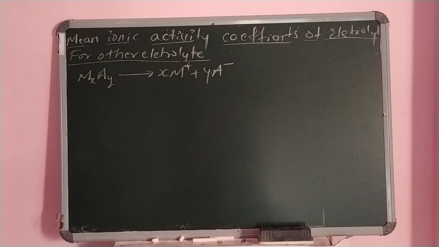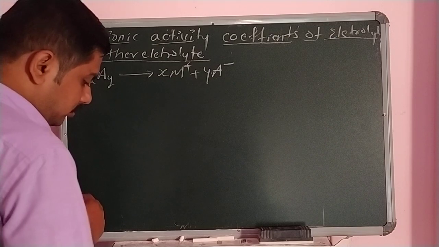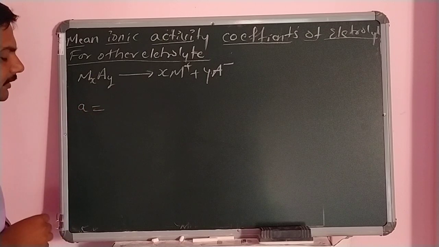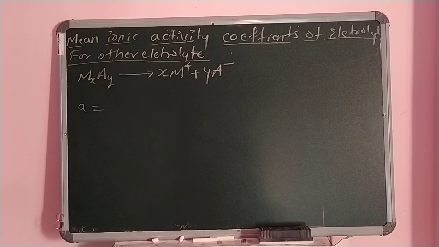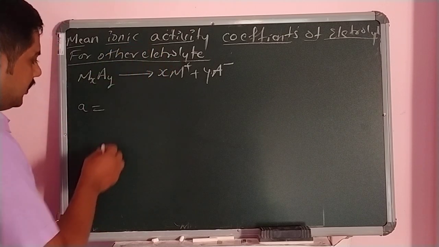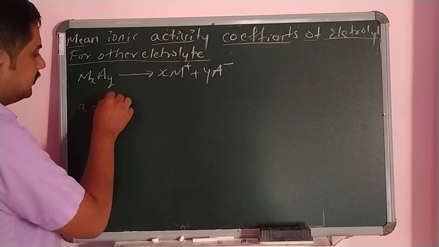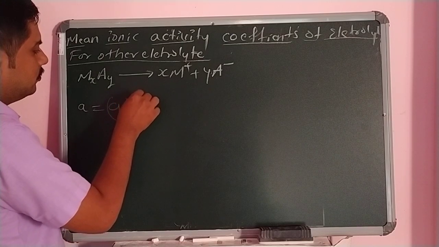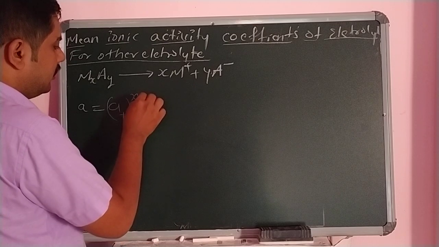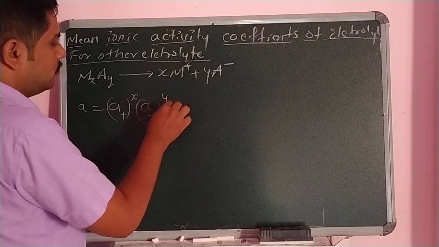So this is the dissociation of the electrolyte. How are you going to write the activity? a is the activity of the electrolyte. Now the species means here a plus raised to x and a minus raised to y.